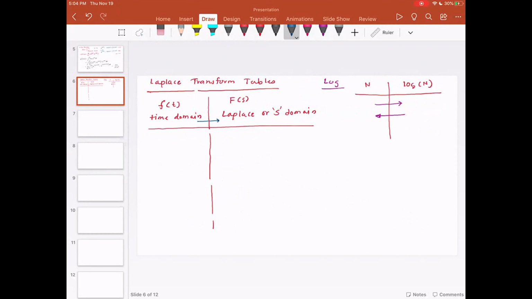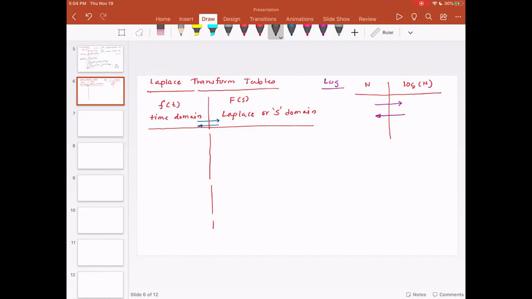Given the function in time domain, we can find the function in the Laplace domain. Given the function in Laplace domain, we can go back and find the function in the time domain.